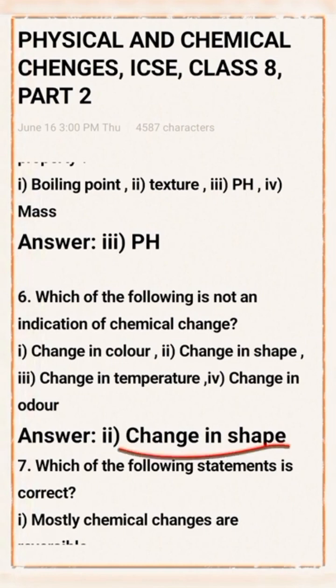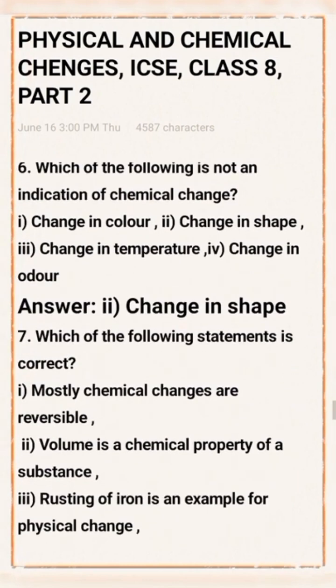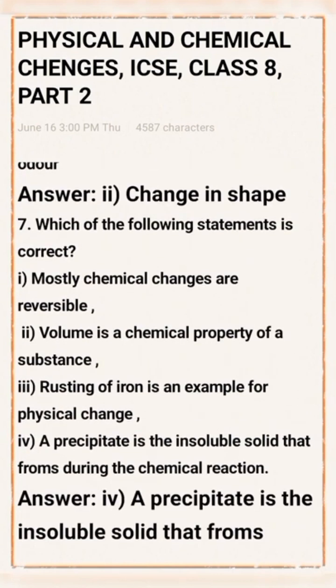Okay. Next question, question number 7. Which of the following statements is correct? Option 1, mostly chemical changes are reversible. Option 2, volume is a chemical property of a substance. Option 3, rusting of iron is an example of physical change.